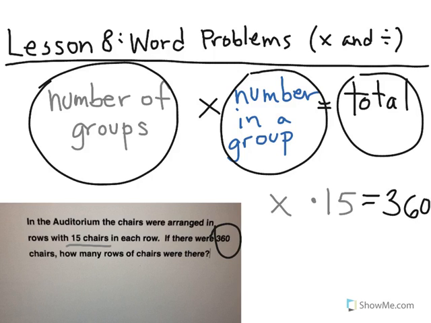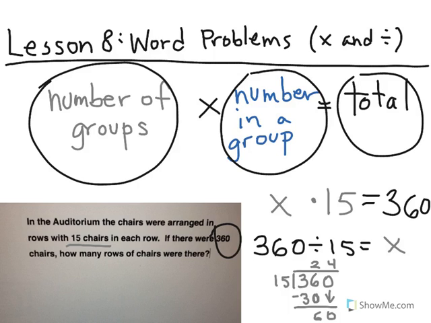Again, we've got to draw back on our understanding of fact families to know that something times 15 is 360, so 360 divided by 15 should equal the number that we don't know. And using our division algorithm, we find that the answer is 24 rows.